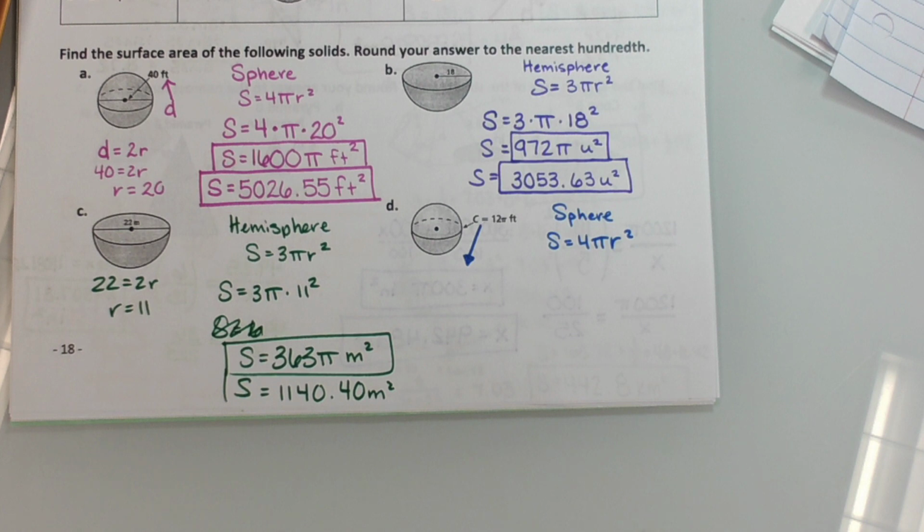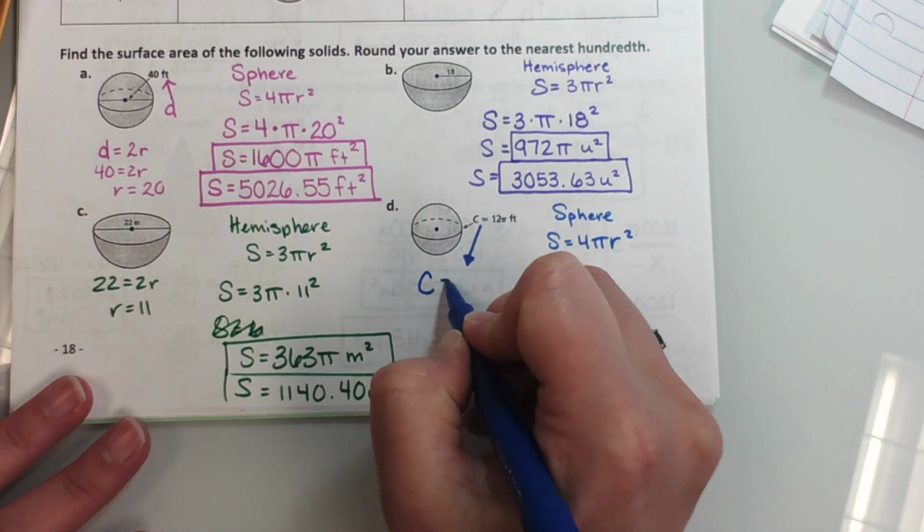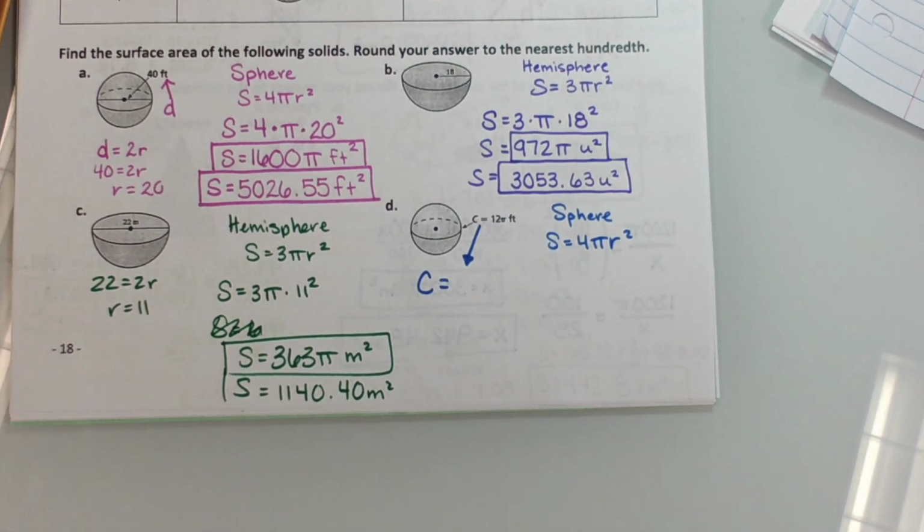How do I find the circumference of a circle? Circumference equals pi r squared. No, that's the area of a circle. Circumference equals 2 pi r squared.